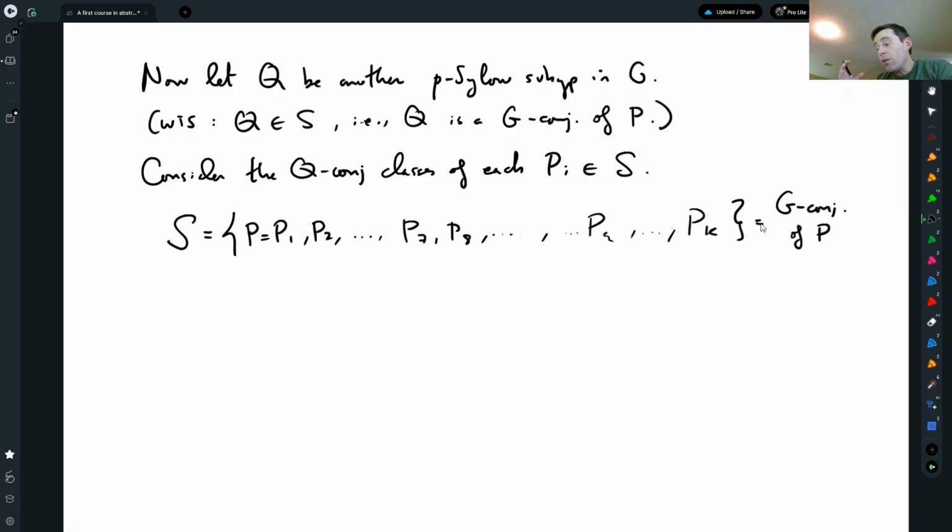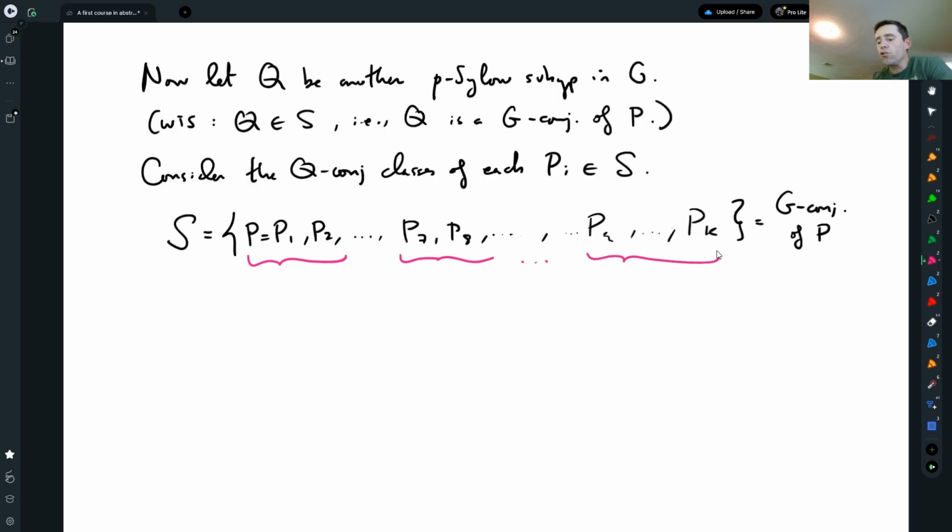Now, if instead of G conjugates, I look at Q conjugates, there is an action of Q on S via conjugation, and that is going to give me orbits. Not all of them are going to be in the same orbit now because I'm restricting to Q inside of G. There might be suborbits. So what I'm going to get is some packets like this.